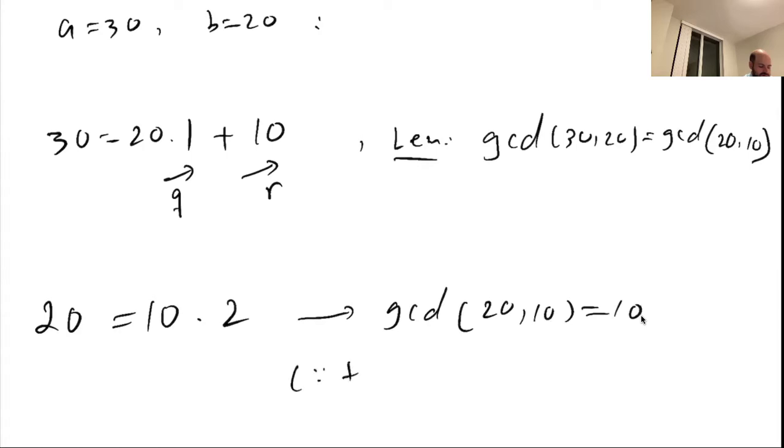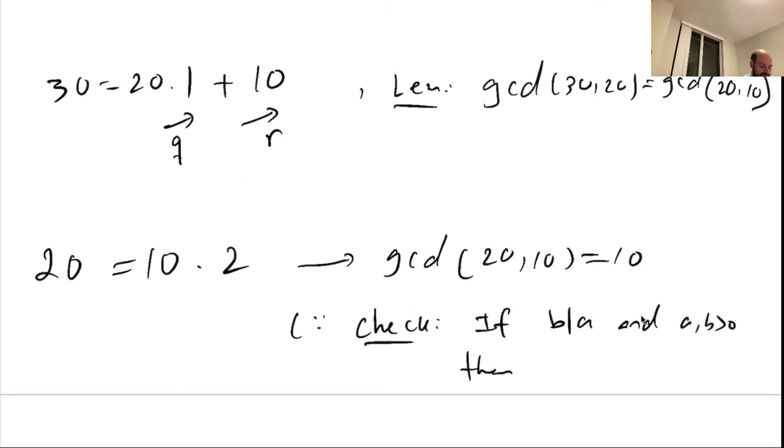So this is because, let's say, if B divides A, and A and B are positive, of course, B divides A and B positive, then the GCD of A and B is B. If one number is a factor of the other one, the GCD is the number B in this notation.